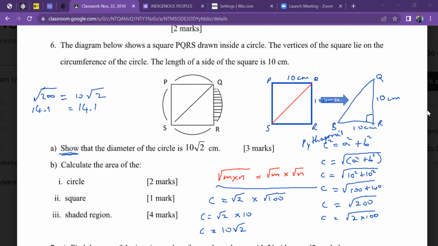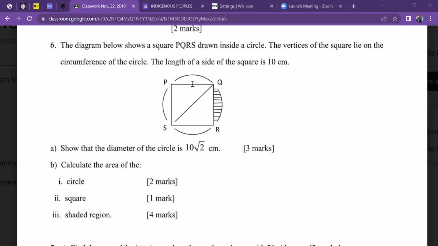So we can find the area of the circle. Let me just clear these drawings. Okay. Let's find the area. We know that area of a circle is equal to pi r squared.